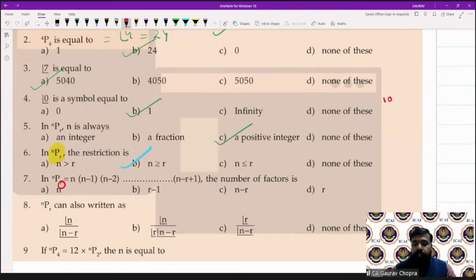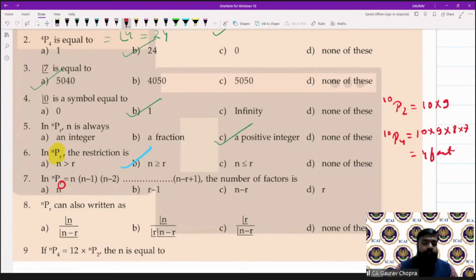Let's take the example 10P2. So we are writing 10 into 9, 2 factors. 10P4, 10 into 9 into 8 into 7. That means 4 factors. So as many factors as the value written here, we have to consider. So nPr means r factors are there.